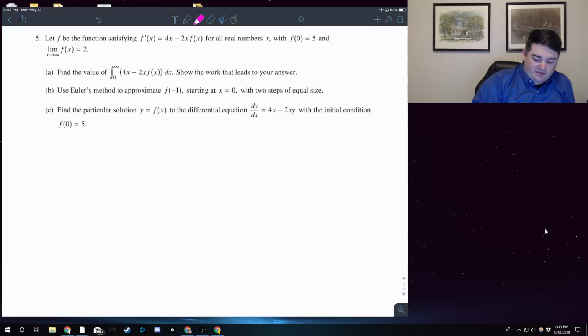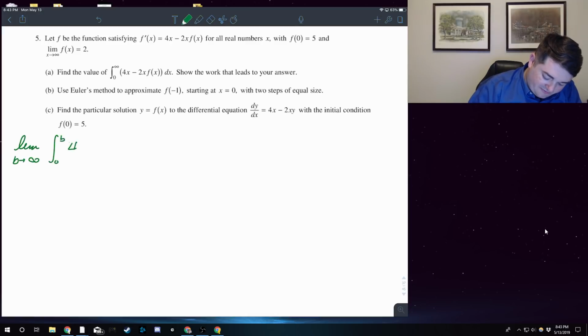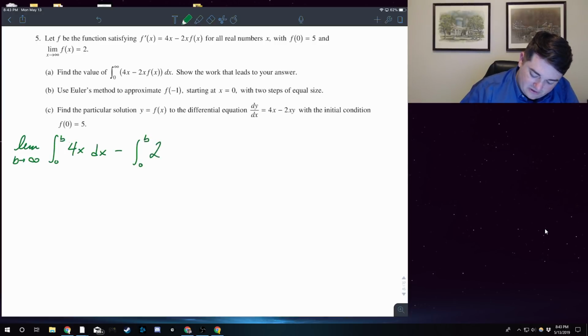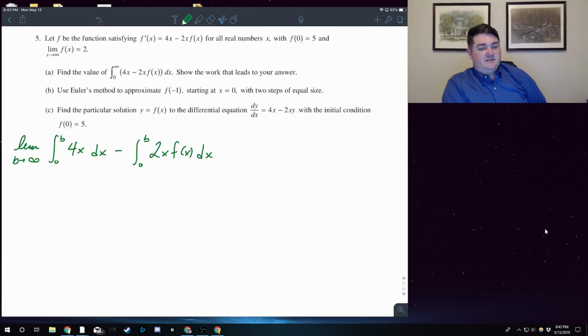So here's my thought process. Okay, this is free response, I've got to show my work nicely. So part A, I'm going to say the limit as b goes to infinity of the integral from 0 to b of 4x dx minus the integral from 0 to b of 2x f of x dx.